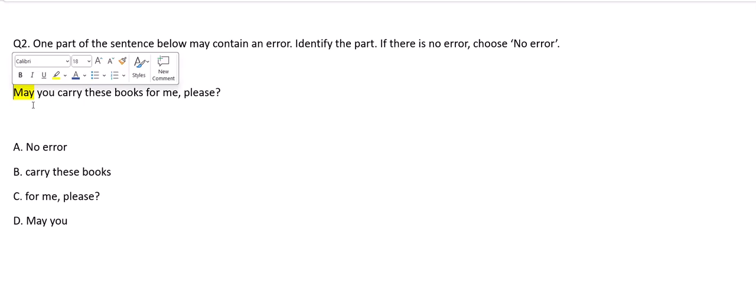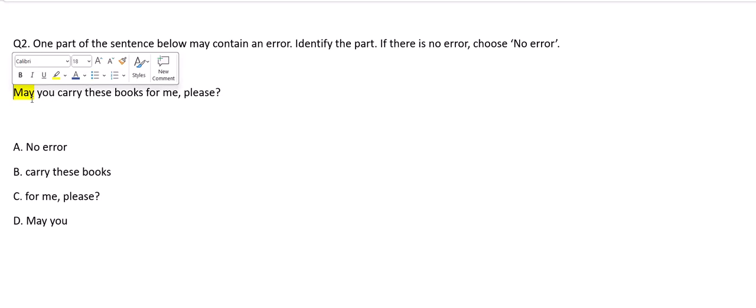Everyone knows one sentence, like generally students will ask, may I come in? May I come in means we are asking for permission. So whenever a sentence expresses permission or possibility, we have to go for the modal verb may.